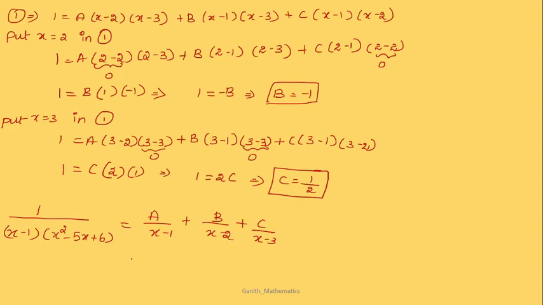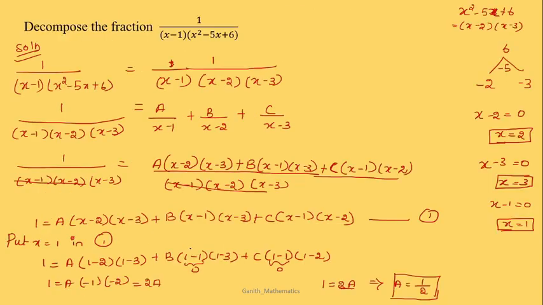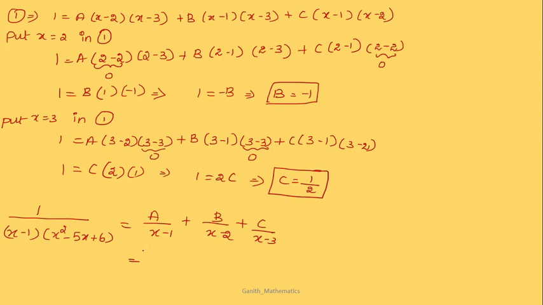So a is equal to 1 by 2, so 1 by 2 into 1 divided by x minus 1. Our b is minus 1, so this plus will be minus, 1 by x minus 2, plus 1 by 2 into 1 by x minus 3. So this is the decomposition of this partial fraction.